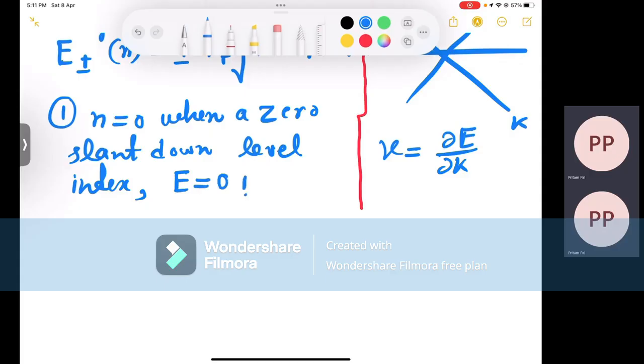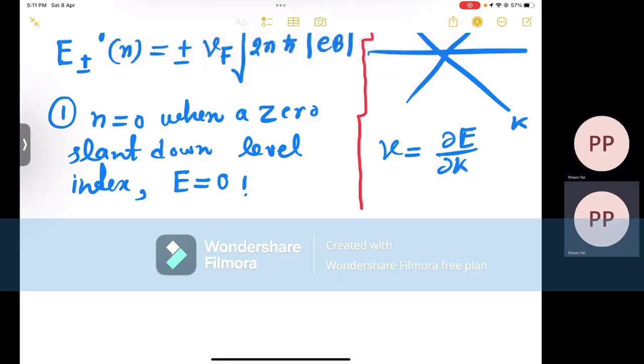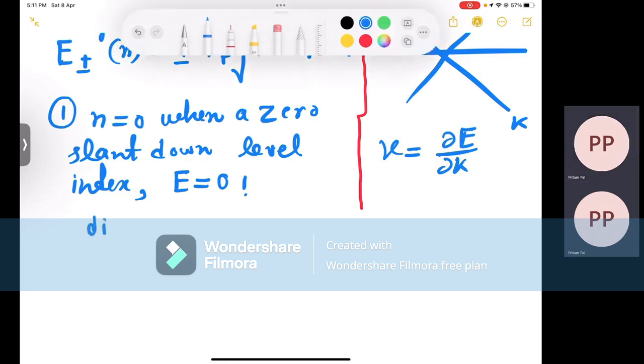This is quite different. It's very different from the two-dimensional electron gas system, right?